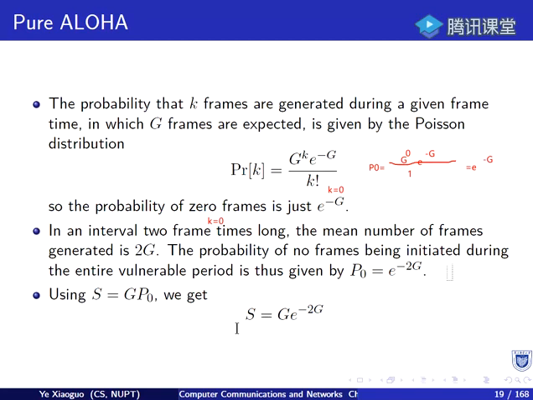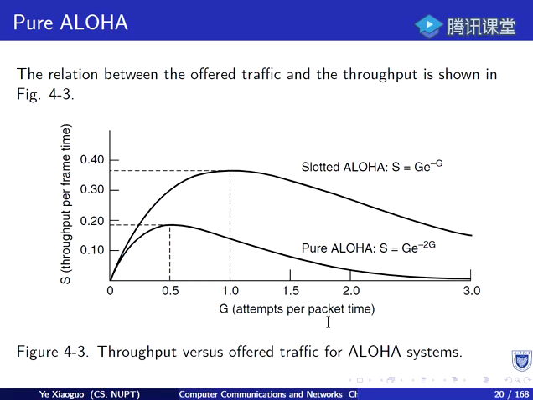So the efficiency S equals G times E to the power of minus 2G. Then if we set X as G and Y as S, the throughput per frame time, we can get the curve of the relation between S and G, right?